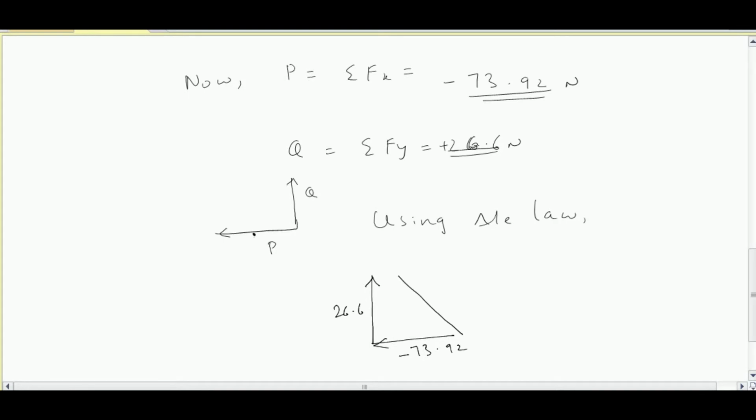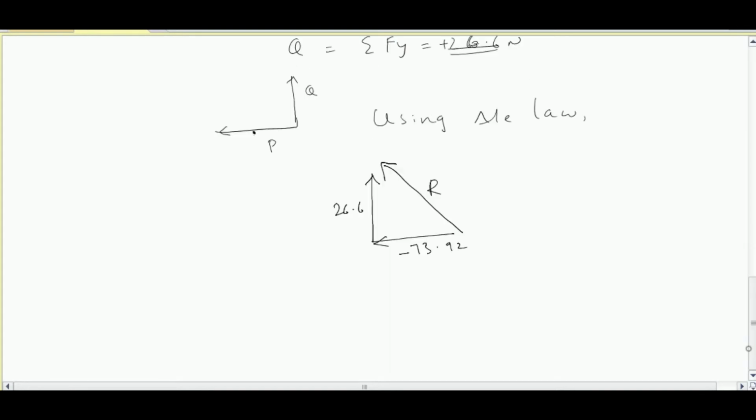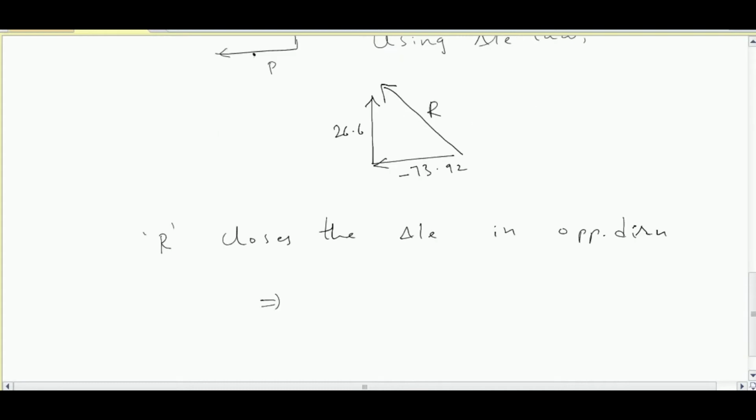So there should be a resultant which is acting in the opposite direction, closing the triangle. We want to find the angle between R and the components 26.6 and minus 73.92. We can use sine or cos theta, as we know the magnitude of R. But let us use tan, because 26.6 and 73.92 are readily available.